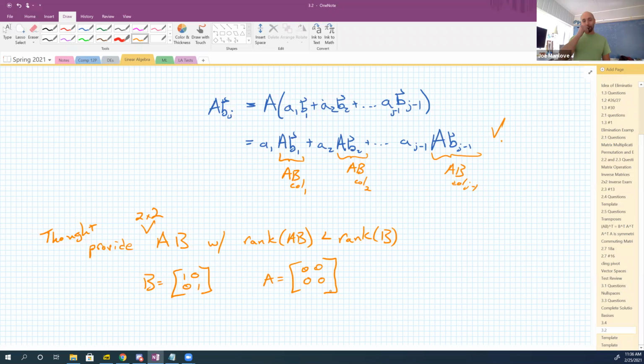It could go down by pretty much whatever, but it definitely could go all the way down. So then that AB is the zero matrix, which has rank 0. You guys with me on that?